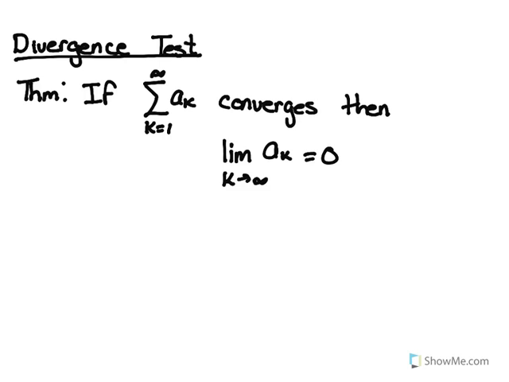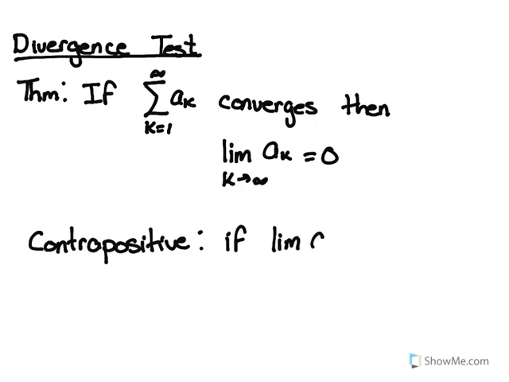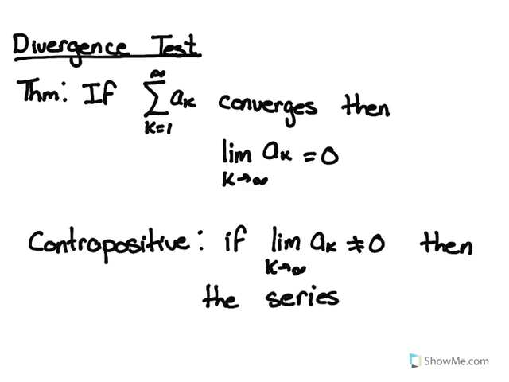Again, this will make more sense when we prove this theorem, but the reason this is called a divergence test is not for this statement, but actually its contrapositive. So the contrapositive to this theorem is that if the limit of the sequence a_k as k goes to infinity is not equal to 0, then the series diverges.